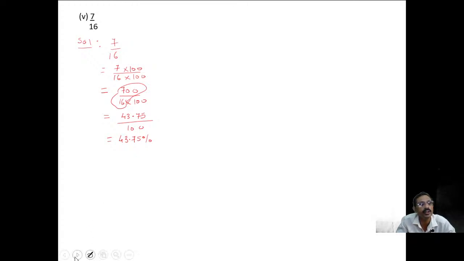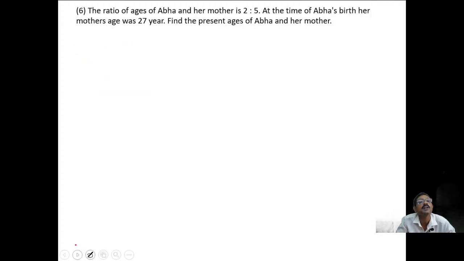Let's move on to the next sum. It's a word problem. The ratio of the ages of Abba and her mother. There are two persons, one is Abba and one is her mother. What is the ratio given to us? 2:5. At the time of Abba's birth, mother's age was 27 years.